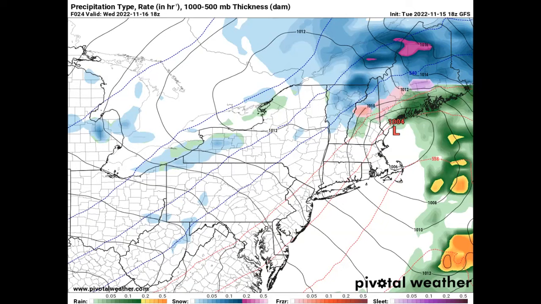Now, those isobars are lines of equal pressure, but generally the winds will follow those lines. If you look right here, this is Lake Erie, and you can see those lines coming right across Lake Erie from the northwest towards the southeast. And so you're getting lake effect snow. That's what this blue is.